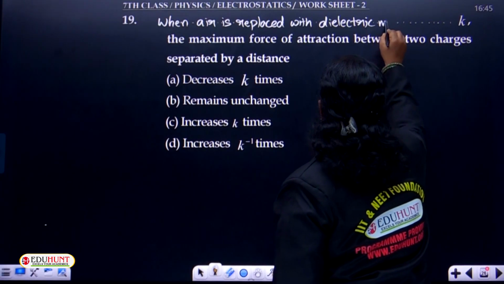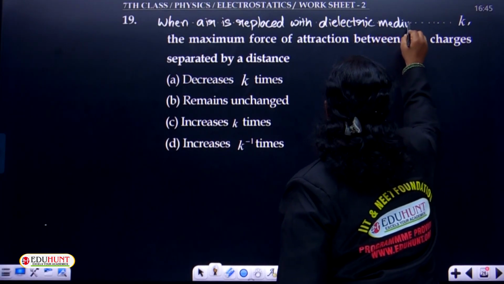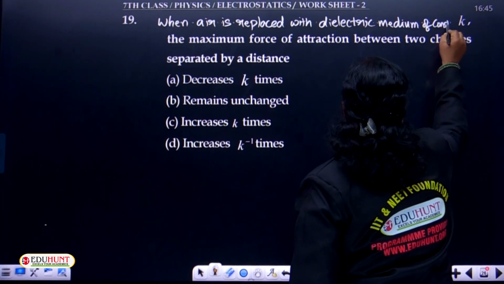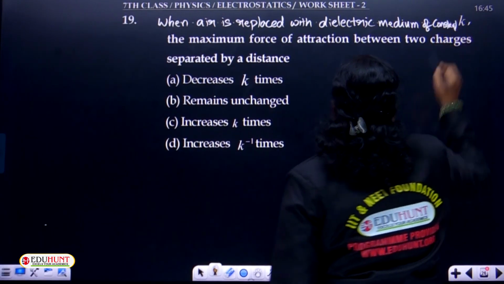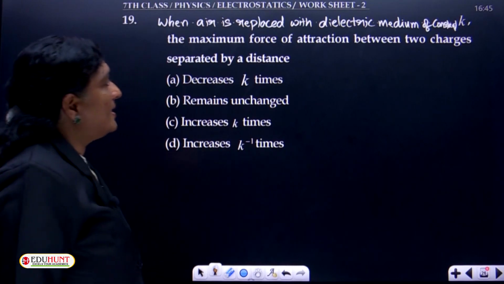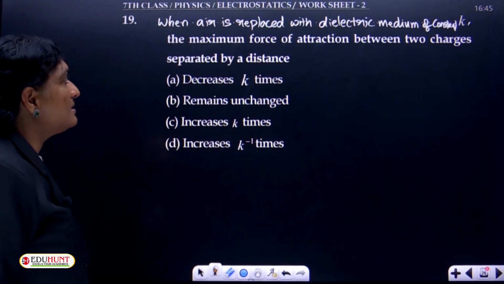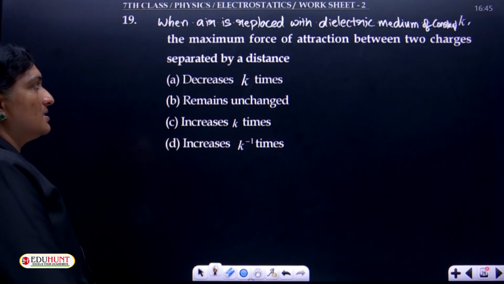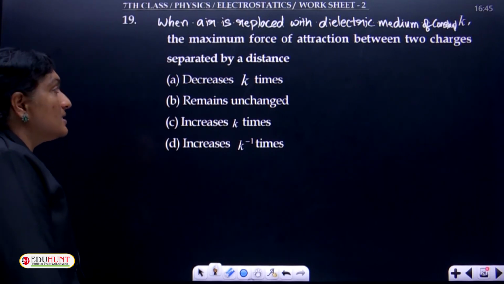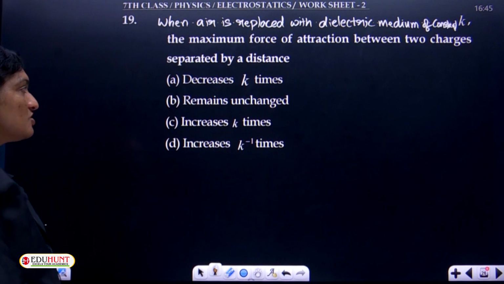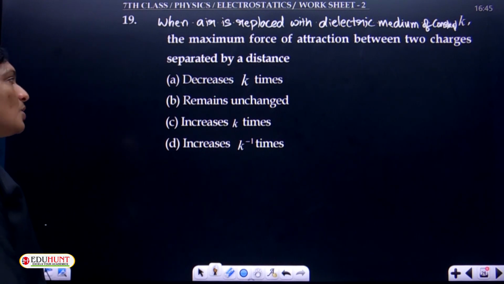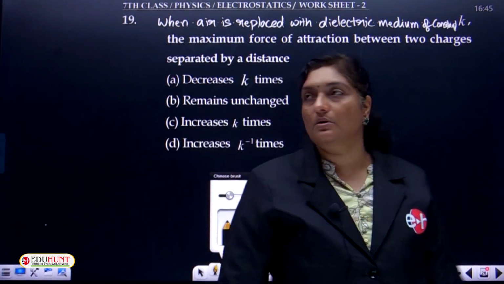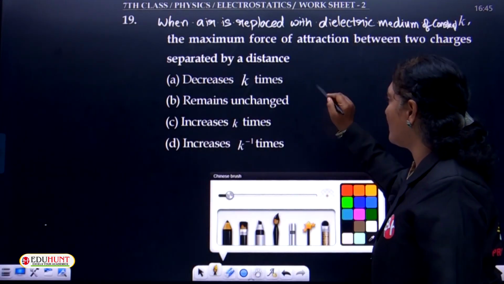When air is replaced with dielectric medium of constant K, the maximum force of attraction between the two charges separated by a distance decreases by K times, remains unchanged, increases by K times, or increases K inverse times. So, we have already solved this question, but still let us check it back once again.